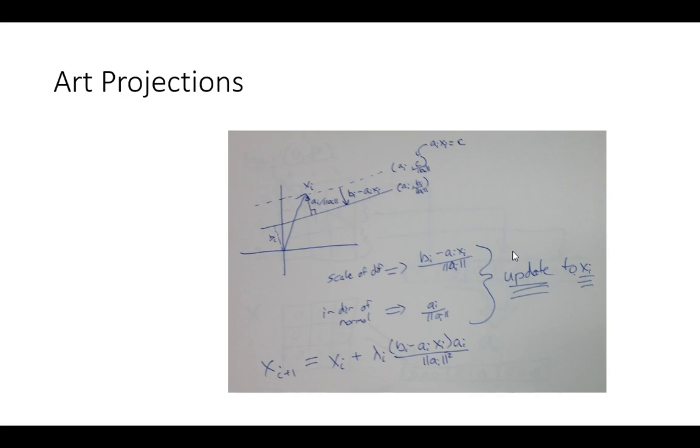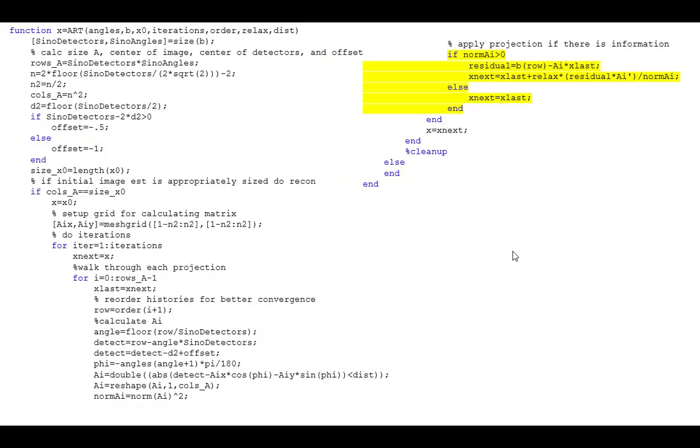So it's literally just take the equation and go. And again, just like you had stipulated, if there was no information, then just copy the other one over.